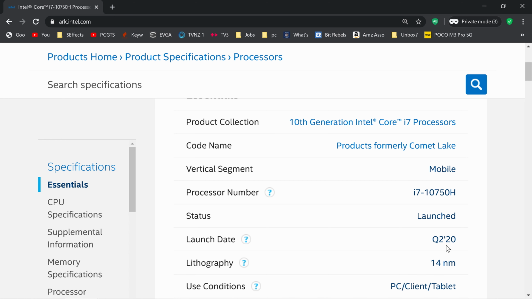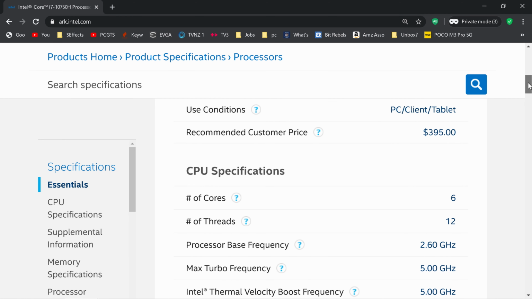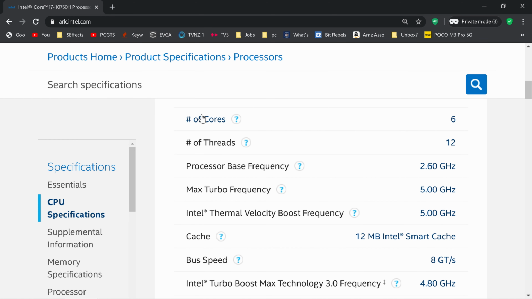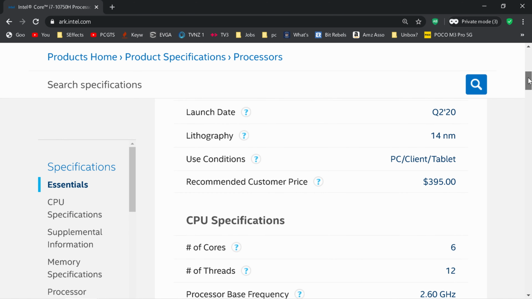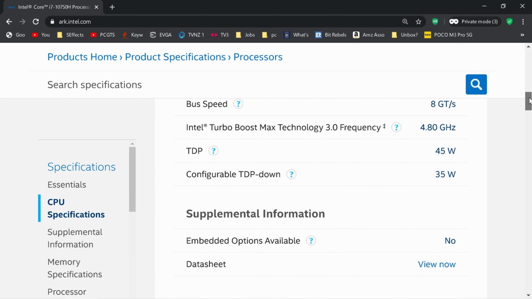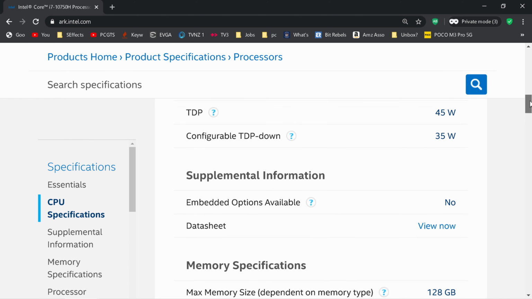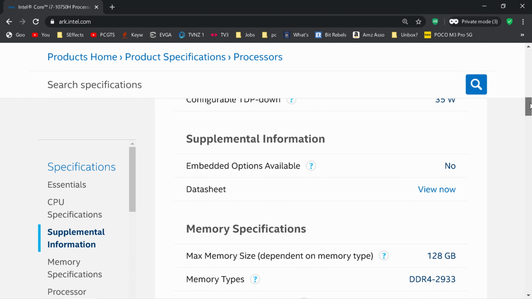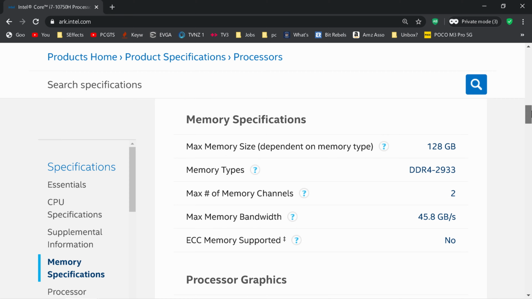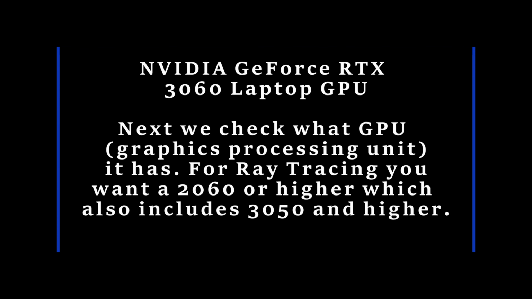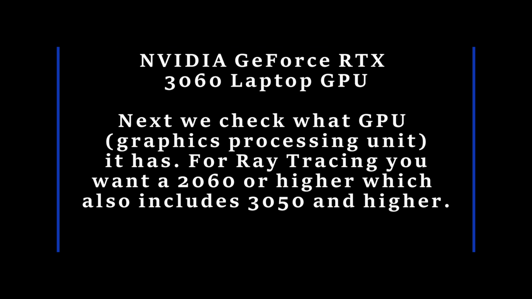Okay, it's a mobile, which means laptop CPU, and it's 14 nanometers, and it is 6 cores, 12 threads. So we want at least 6 cores, so that's good, and it can go up to 5 gigahertz, which is quite fast.